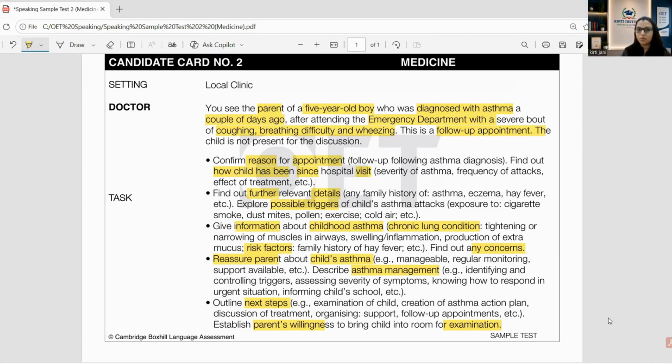Okay, now, do you think you will start speaking now? No, you should still think about the scenario. You need to think how you are going to open the interview. How will you introduce yourself? Just close your eyes for a few seconds and imagine that a parent is about to enter your clinic whose child is sick.